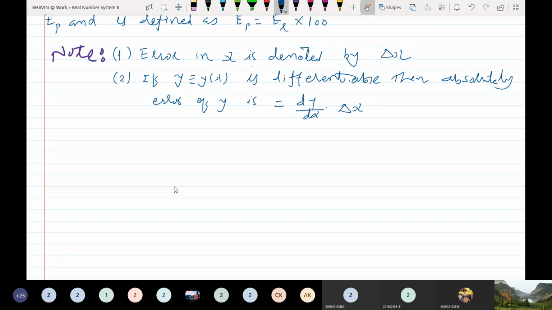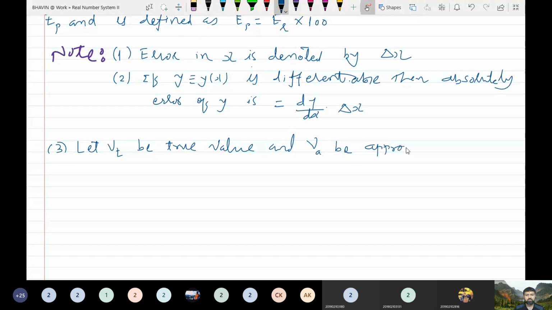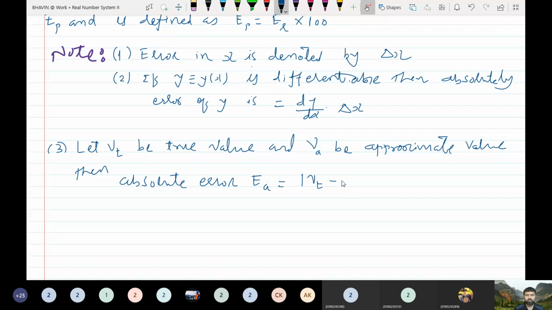Okay, so now these are the basic formulas. In general, let Vt be the true value and Va be the approximate value, then absolute error Ea is equal to the difference between Vt and Va.